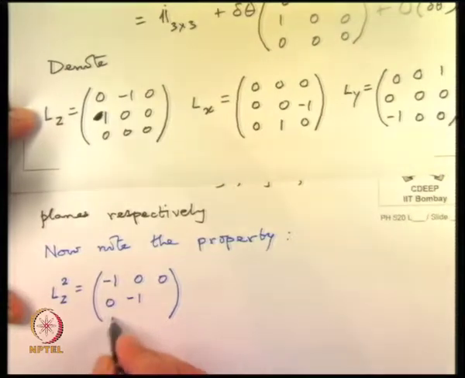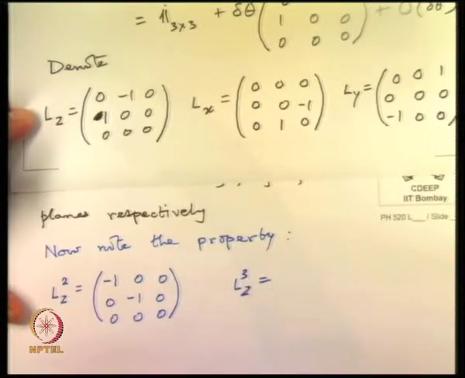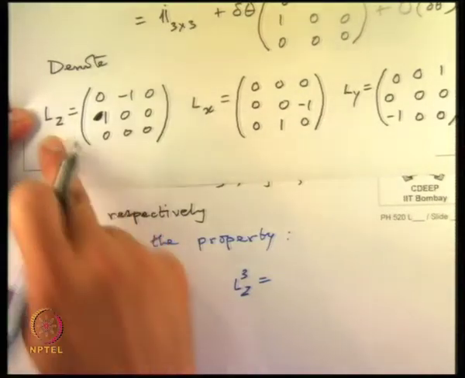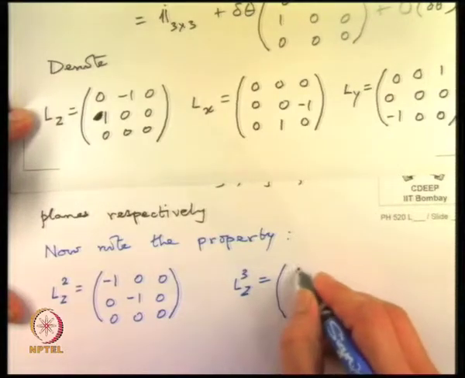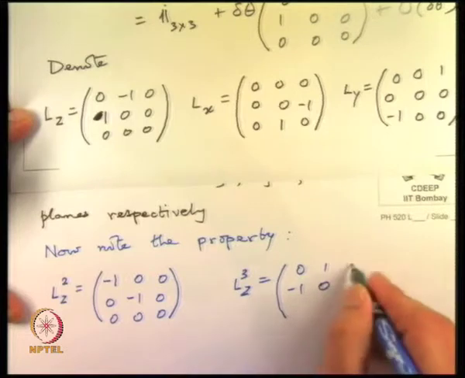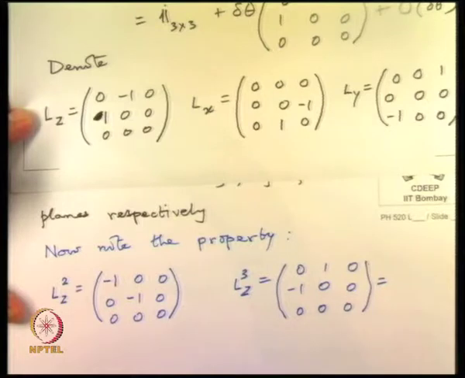This row into this column is also minus 1. What about Lz cube? Well, these are minus signs, so it is like minus the identity matrix, Lz square. So if I cube Lz, then I have to take Lz square times Lz, so essentially put minus signs on that. So it is 0 plus 1 minus 1 0 0 0 0 0 0, which is equal to minus Lz.